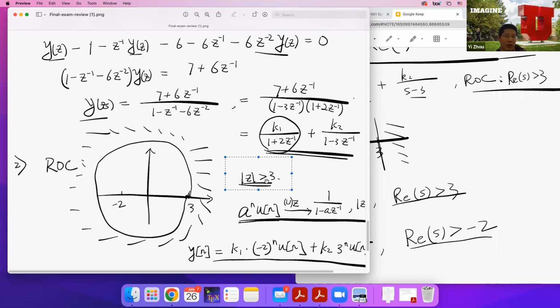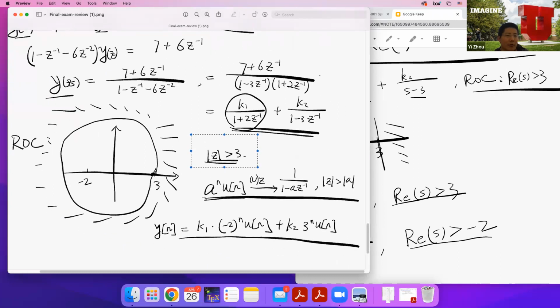It is also an outward ROC. Given these individual ROCs, you can leverage the existing table of Z transforms to find the inverse. In this case, both ROCs are outward, so the inverse corresponds to a right-sided signal.